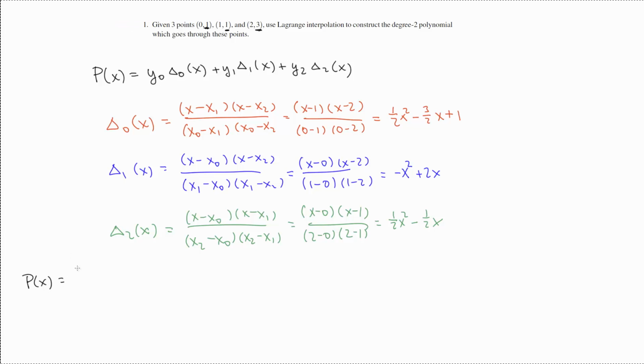Here, y0 is 1 times delta 0, which is 1/2 x squared minus 3/2 x plus 1, plus y1, which is also 1, times negative x squared plus 2x, plus y2, which is 3, times 1/2 x squared minus 1/2 x. Now we simplify this expression to get our final answer, x squared minus x plus 1.